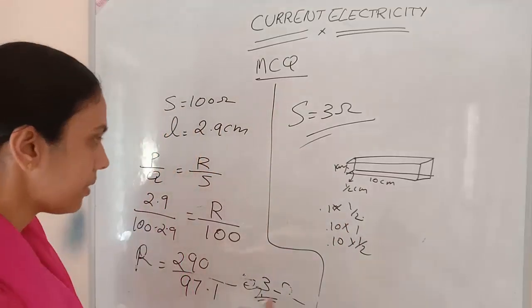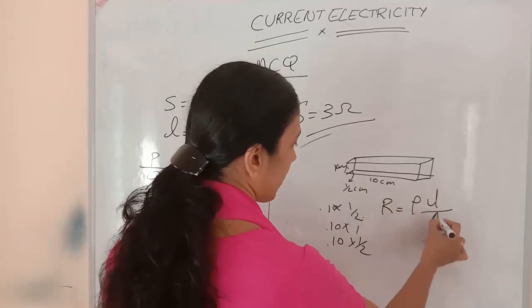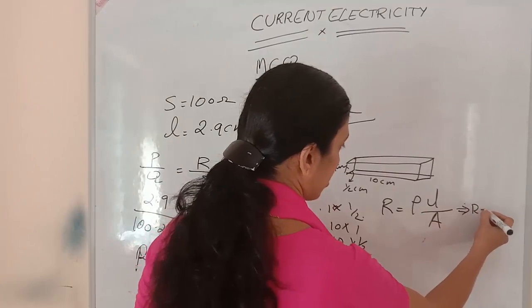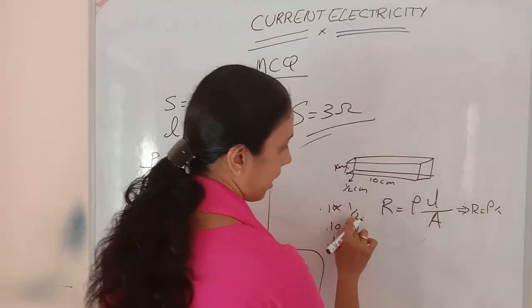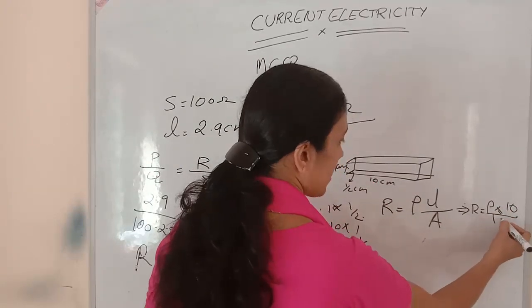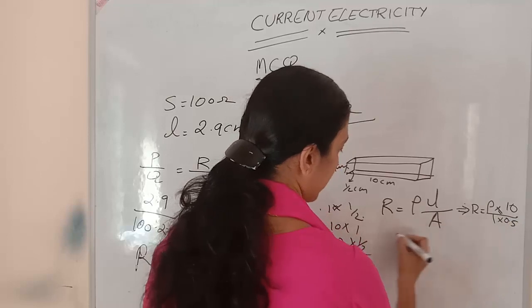So here the resistance value is R equals rho into L by A. For this case R equals rho into length 10 divided by area 1 into 0.5. This one you can calculate.